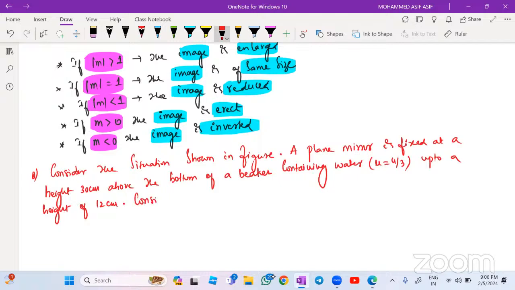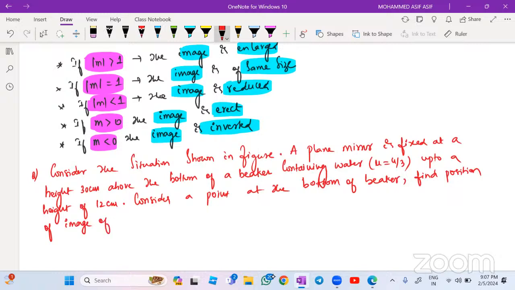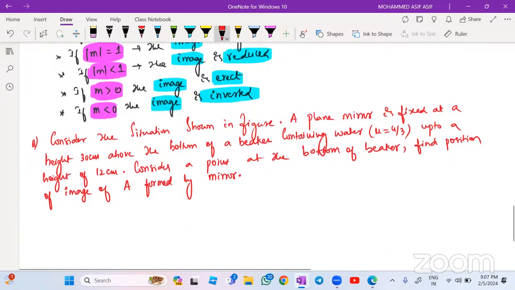Consider a point A at the bottom of the beaker, and find the position of the image of A formed by the mirror.